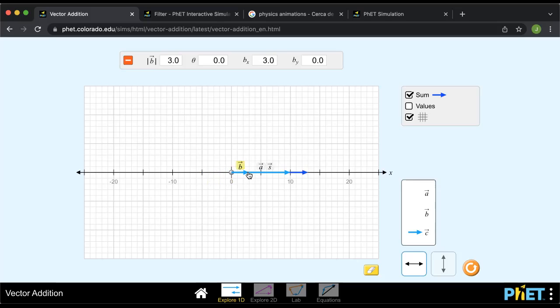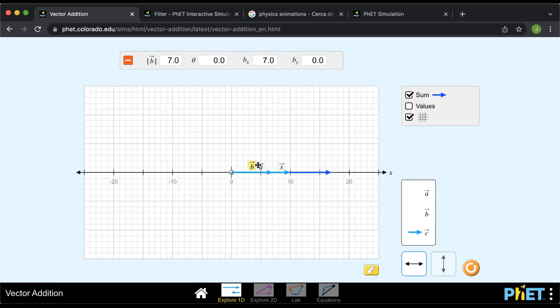And for example, here I am doing addition. Two different vectors, A and B, but this time both are going in the right direction. So of course, that will not be a subtraction, it's an addition.